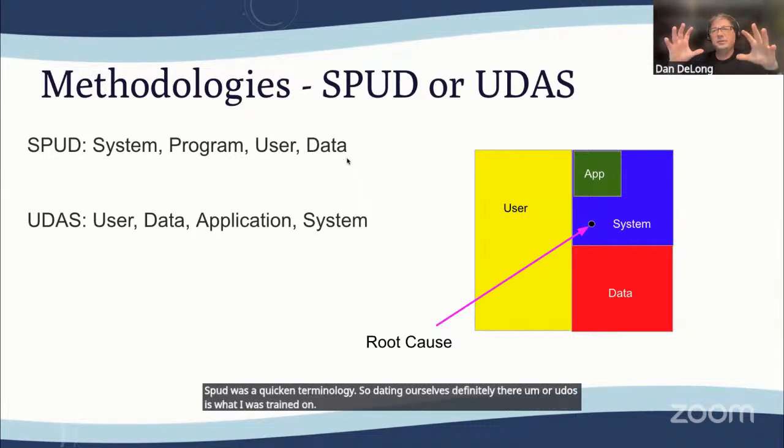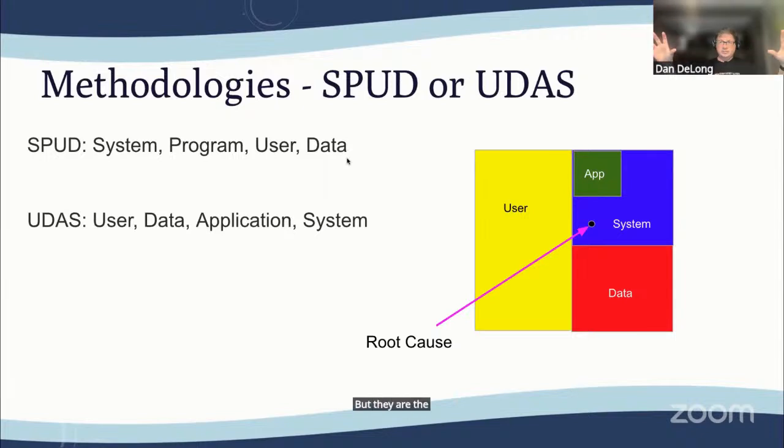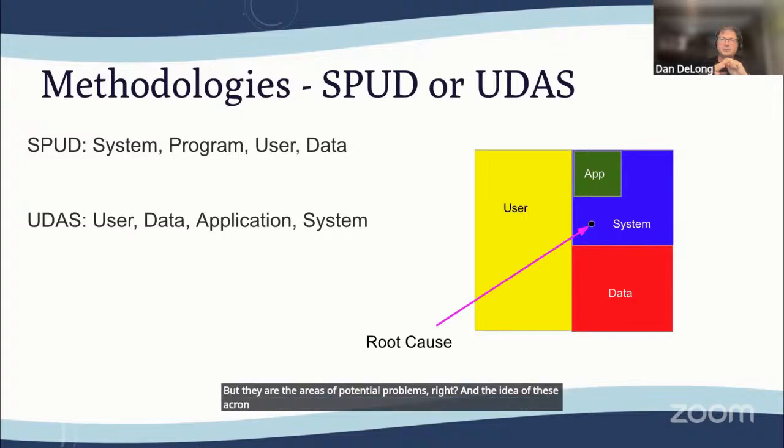But they are the areas of potential problems, and the idea of the methodologies was to help us eliminate most of the problems by narrowing these things down to where that root cause could actually be.